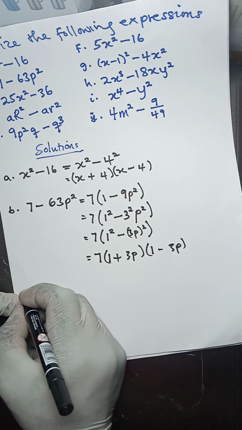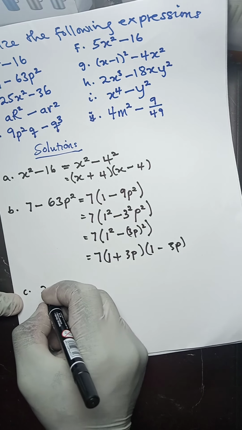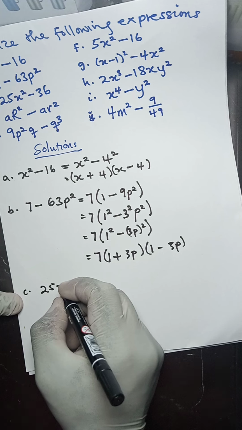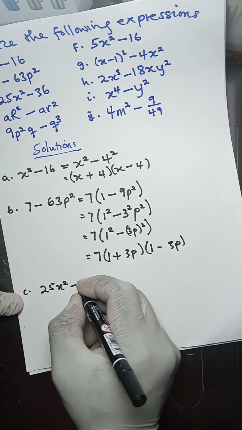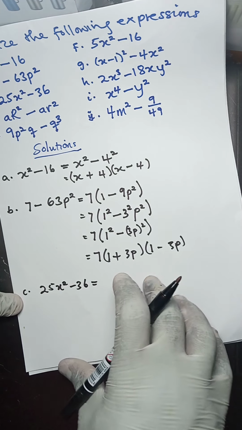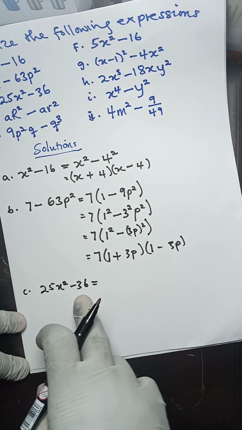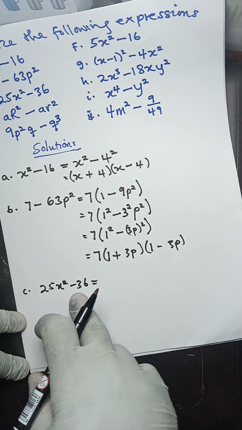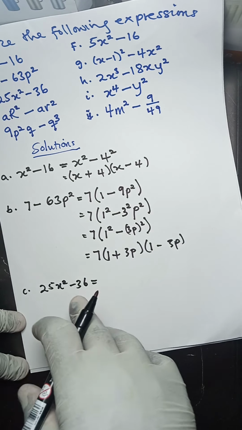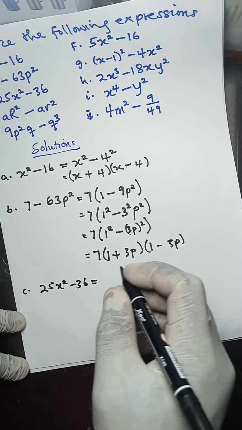Now the C, we have 25x squared minus 36. So you ask yourself, do we have a common factor here? If you go through this, you can see that we don't have a common factor, so you can just proceed with your difference of two squares.